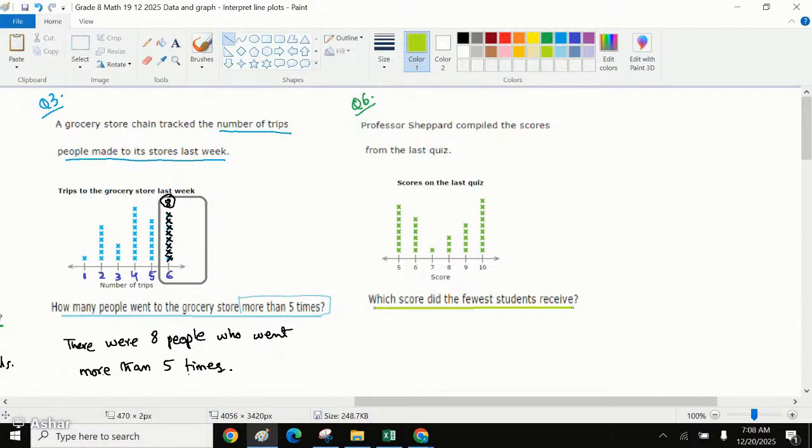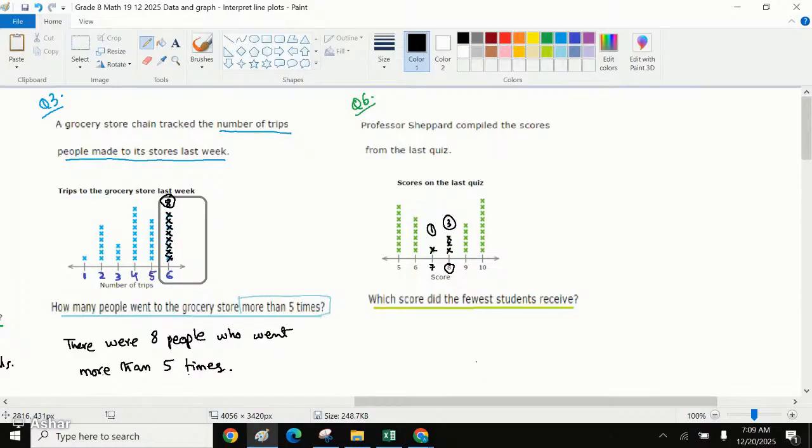Very simple, right? We do not have to count each and every one. We need to see which score has the minimum number of markings on it. If we compare this, 3 students had a score of 8, but only a single student had a score of 7, right?